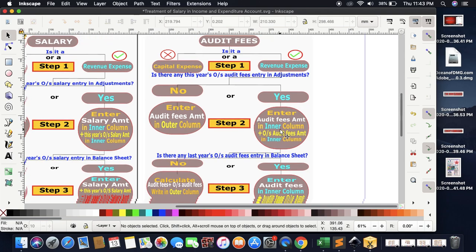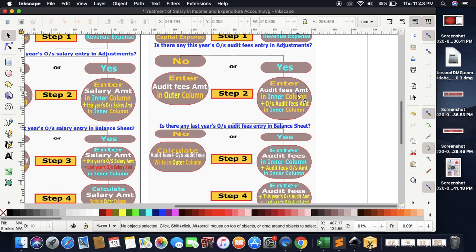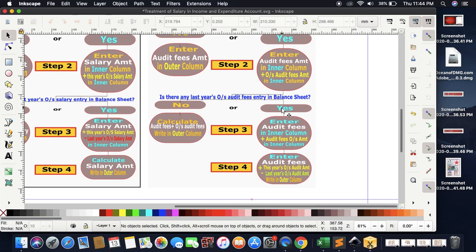So if you have it, then you need to enter the audit fees mentioned in the receipts and payments account on the payments side. Enter that in the inner column, plus you need to add the outstanding audit fees mentioned in the adjustments. Then you need to go up into the balance sheet of last year and check if there is an outstanding audit fees on the liability side. If it's not given, then you add the two totals and write it in the outer column.